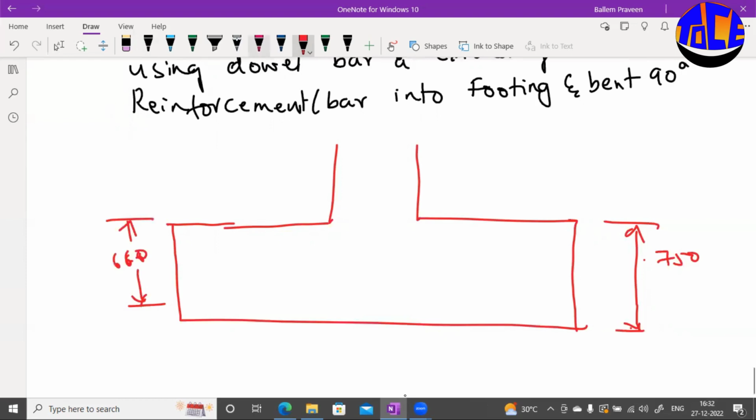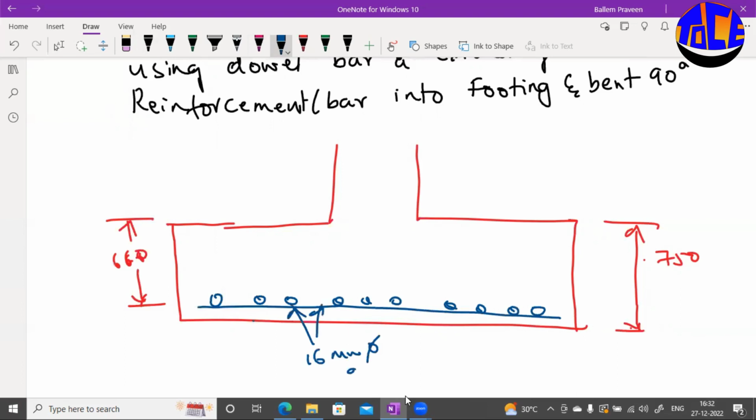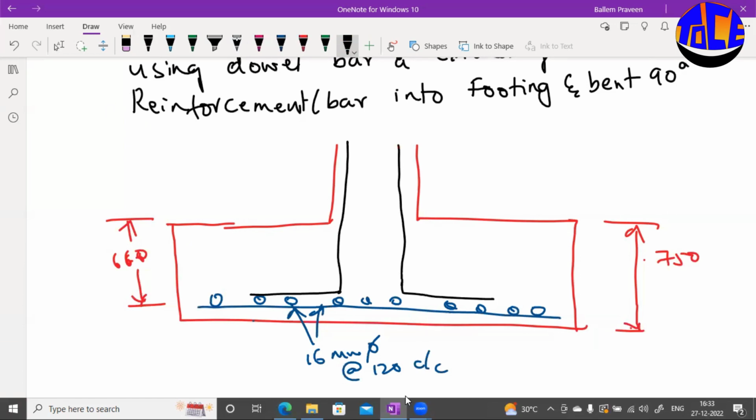This is my steel in one direction, and above this you have steel in the other direction, 16 mm dia at 120 center to center. The steel coming from the column should be bent 90 degrees to distribute that excess force, and sufficient development length needs to be provided. So this is my square isolated column design.